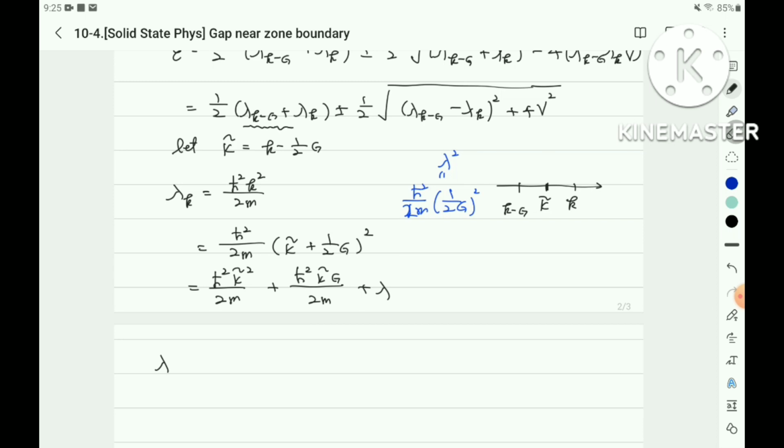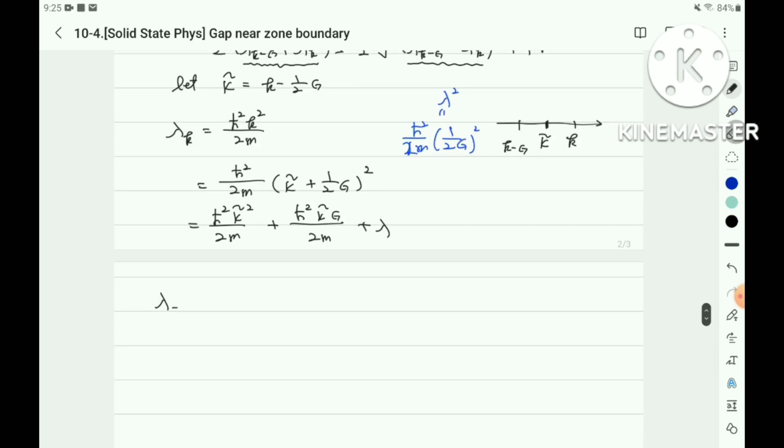And also we should calculate lambda_{k-g} plus lambda_k and lambda_{k-g} minus lambda_k. Therefore, here lambda_{k-g} is h bar square (k minus g) square over 2m.